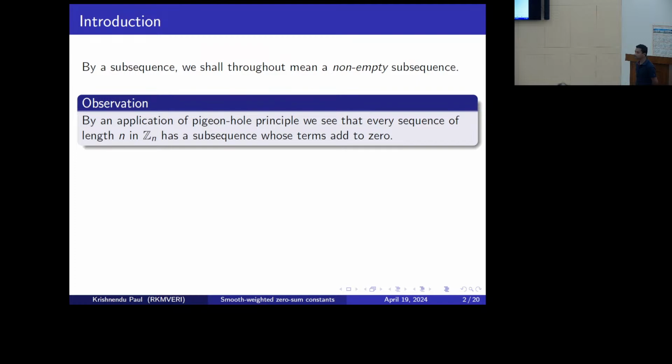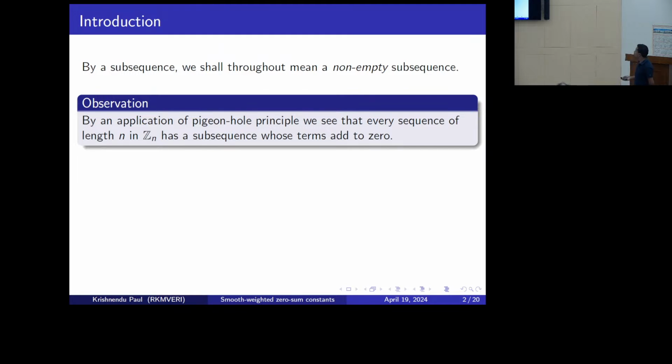If we fix a sequence of length n, then considering the sequence of partial sums, there are n partial sums, and by using the pigeonhole principle, one can easily come up with a subsequence whose terms add up to 0.